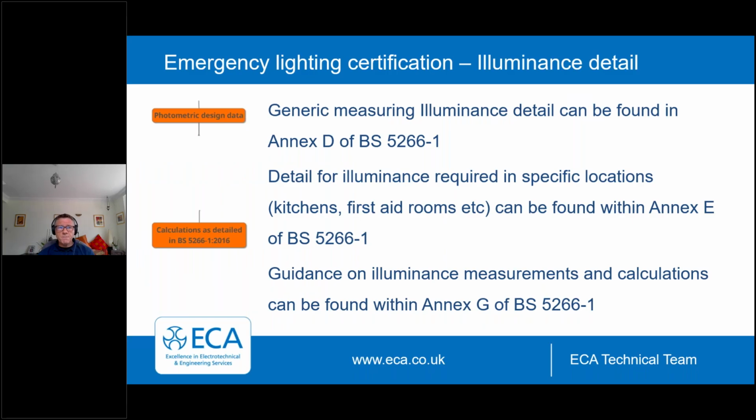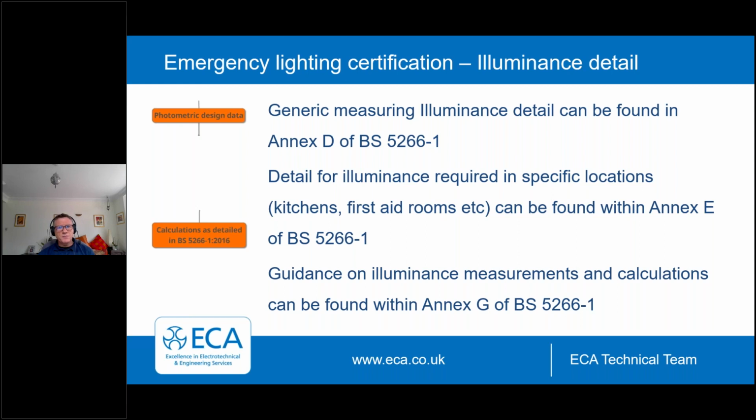So for photometric design data, general measuring illuminance detail can be found within Annex D. Detail for illuminance required in specific locations can be found in Annex E. There are quite a few of them.